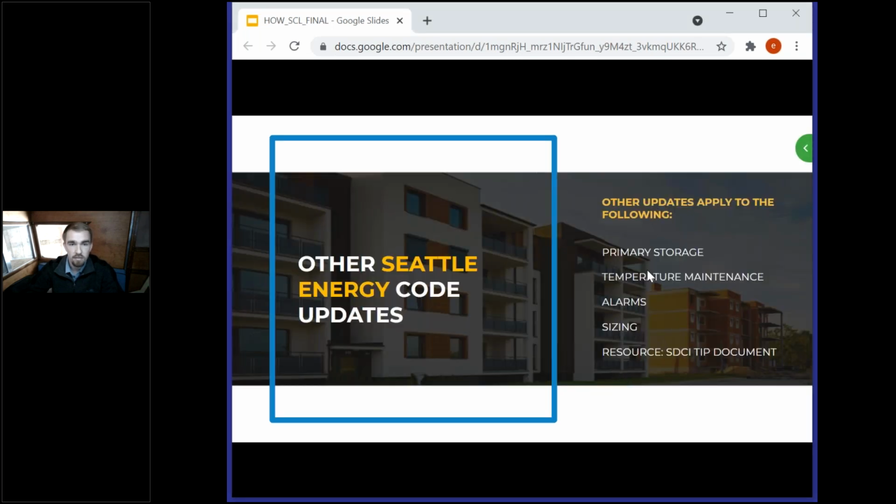These are some of the categories it touches on: the installation of primary storage, temperature maintenance, how it interacts with stratified storage, the availability to alarm if there's any sort of system failure, and what's acceptable for equipment sizing.